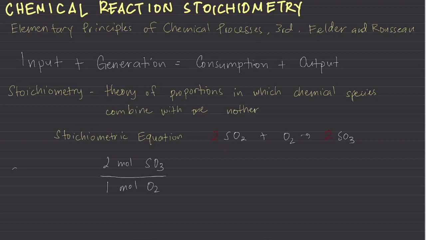So again, these are your stoichiometric ratios. So what else? 2 moles of SO3 can also be produced from 2 moles of SO2.